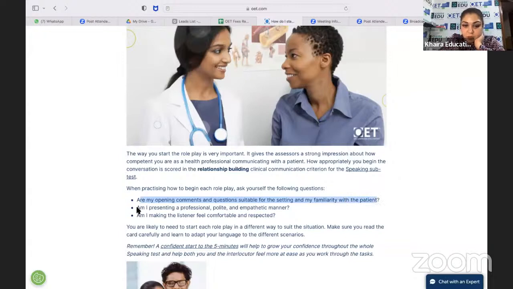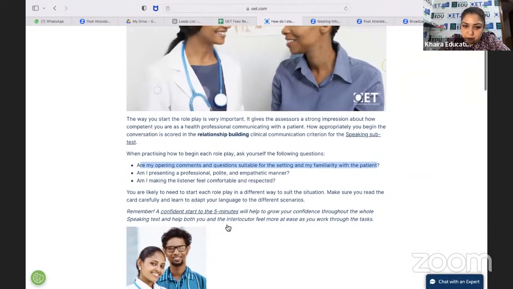Am I presenting a professional, polite, and empathetic manner? Am I making the patient or the carer, whoever your interlocutor is, whatever their role is, feel comfortable and respected?